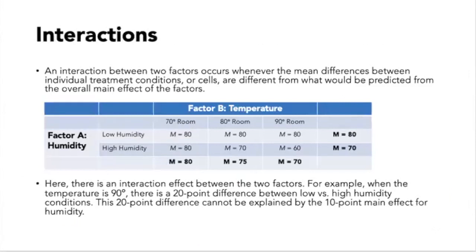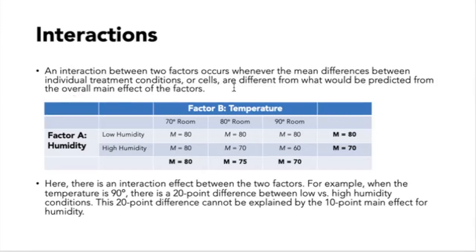So what exactly is meant by an interaction and how are we going to find an interaction? See, as it says here, an interaction between two factors occurs whenever the mean differences between the individual treatment conditions or cells are different from what would be predicted from the overall main effect of the factors.